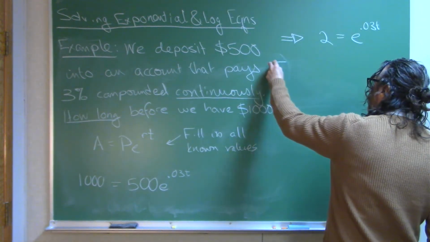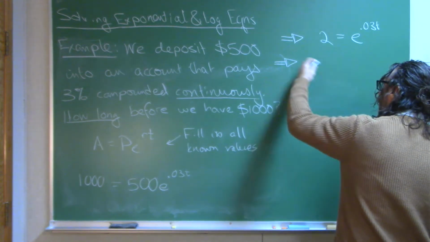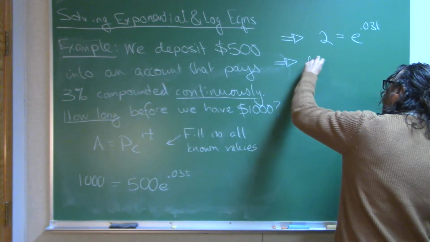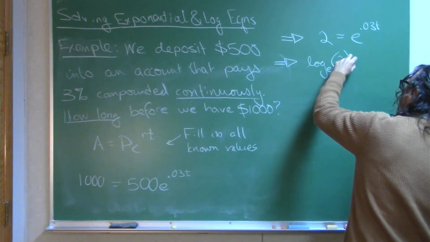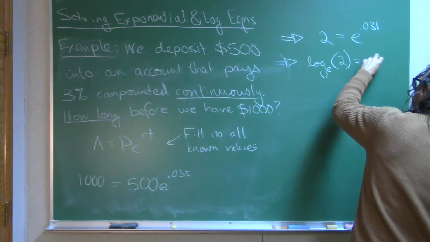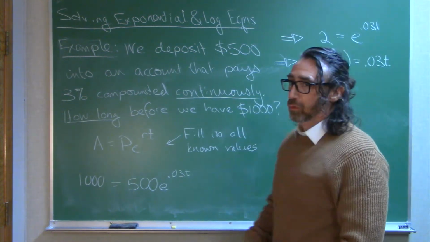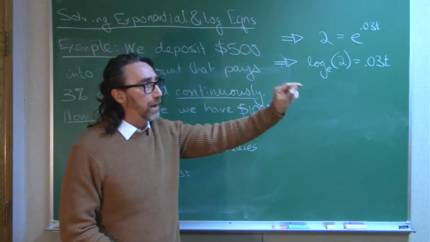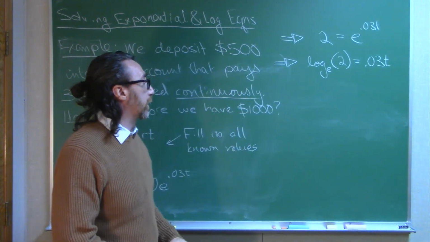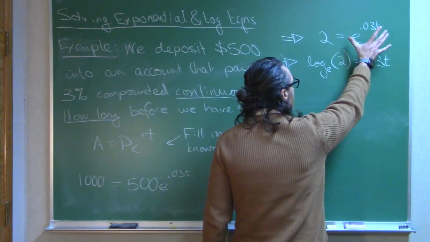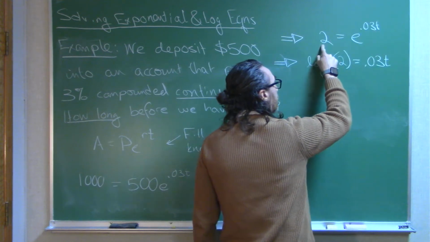The second step is convert to the equivalent log equation. So log base e of 2 equals 0.03t. Remember, logs tell you the exponent that you need to use to get a target. Okay, so I want this exponential to give me a 2.